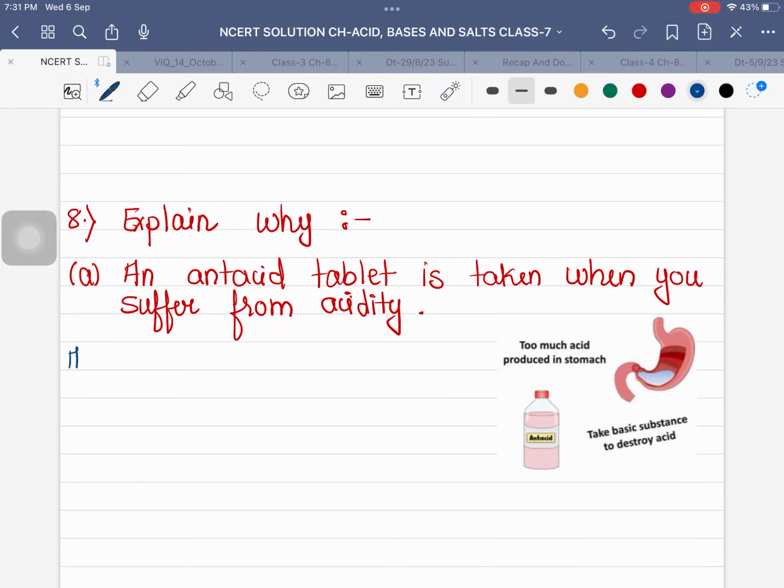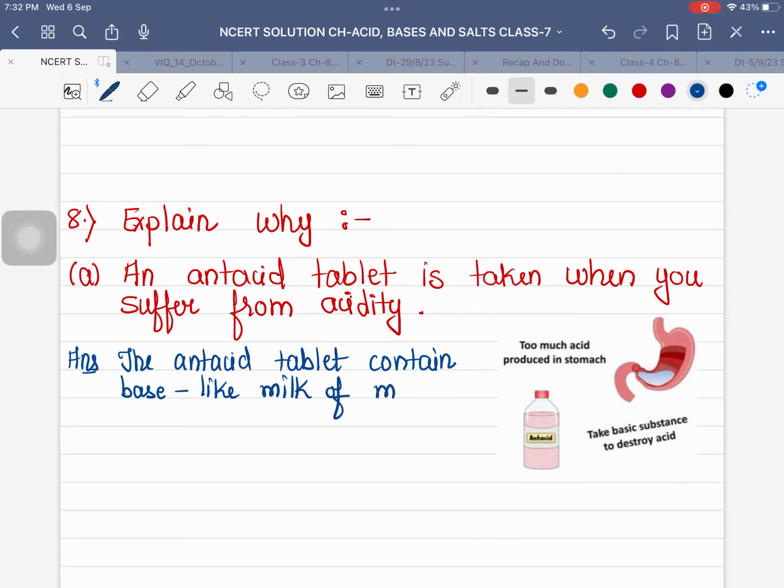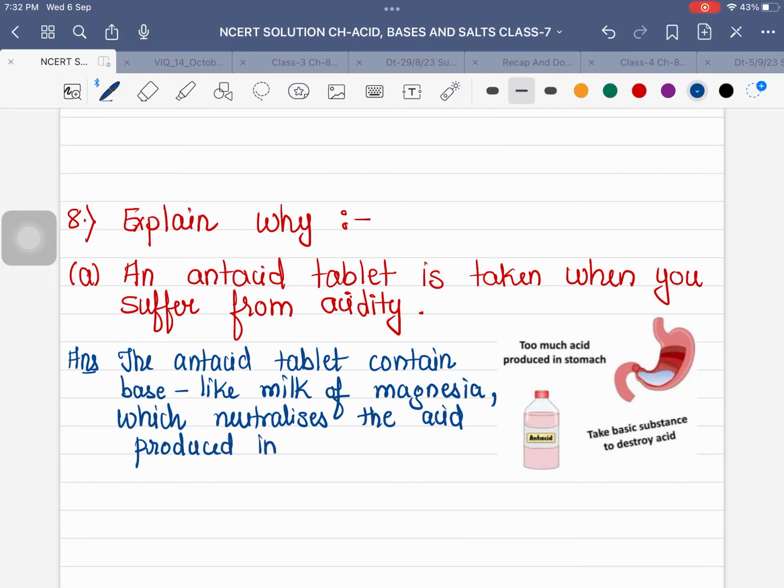So, the anti-acid tablet contains base like milk of magnesia, which neutralizes the acid produced in stomach.